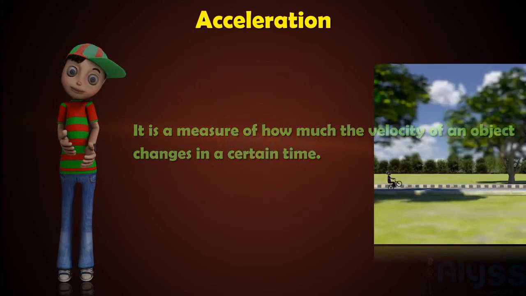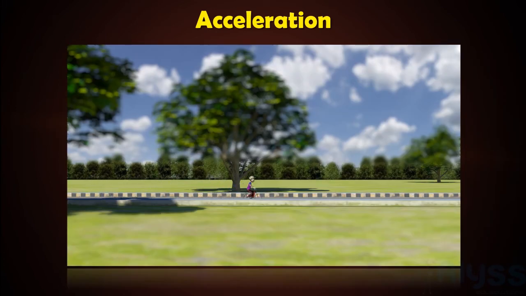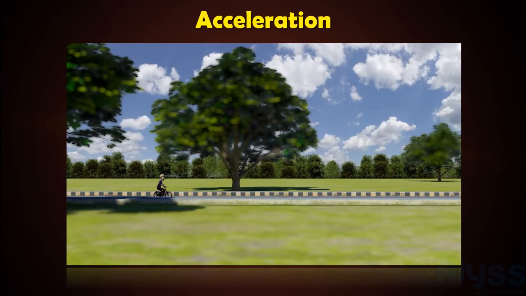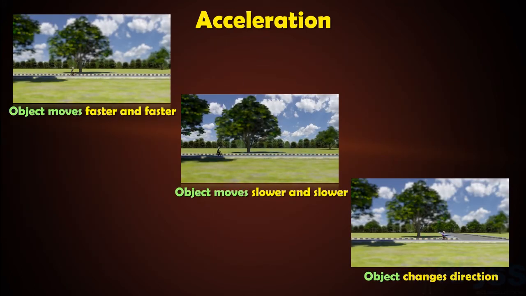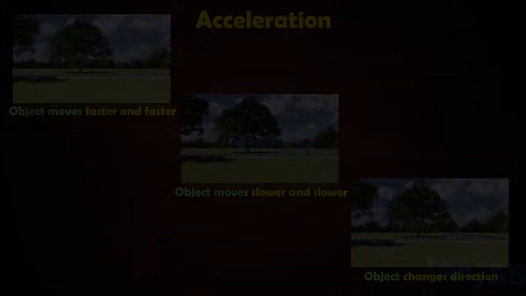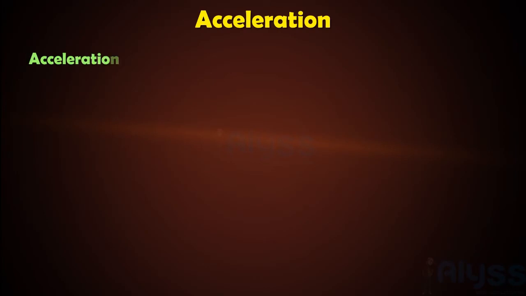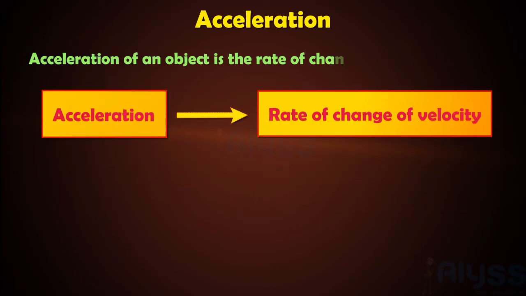Like when an object moves faster and faster, or when an object moves slower and slower, or when an object changes direction. So, the acceleration of an object is the change of its velocity.